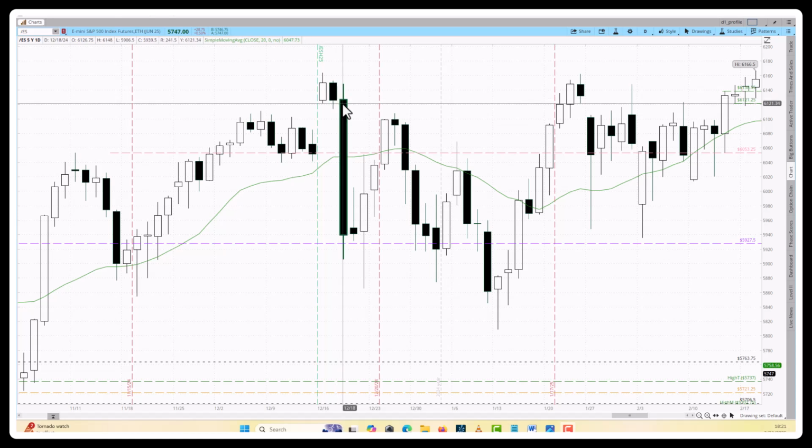All right, we pull out our tools right here. Actually, yes, right here. See that? That's December 16 and then 18 right there. So you mark that candle. Let's see. I copy this one.